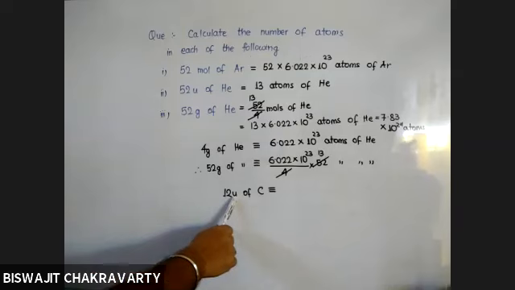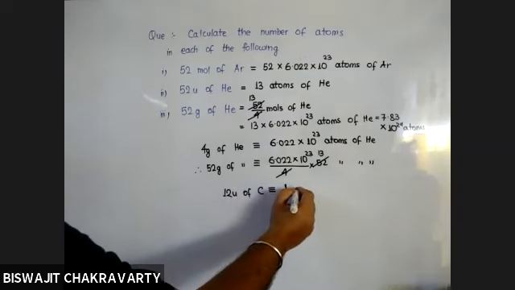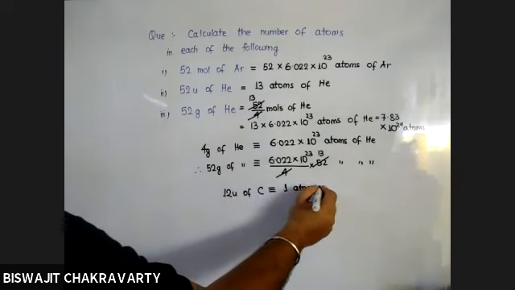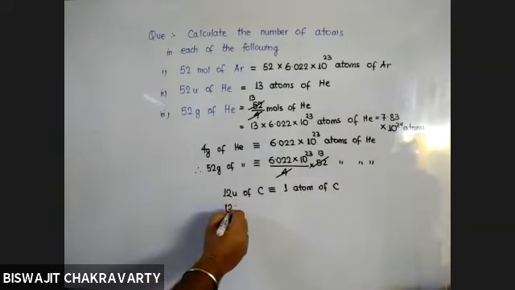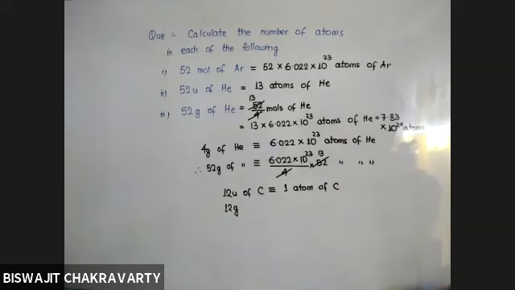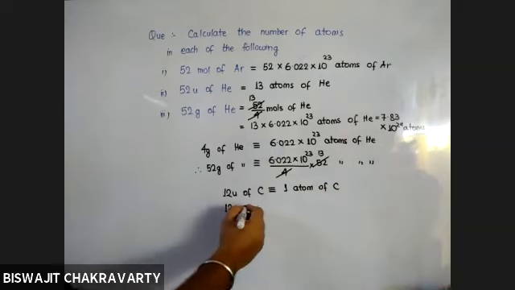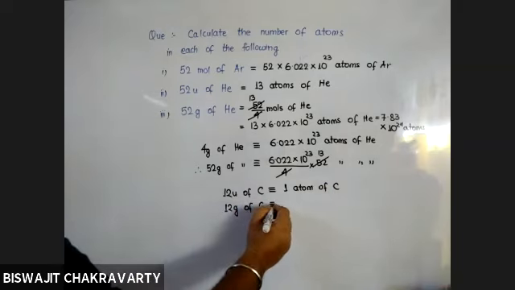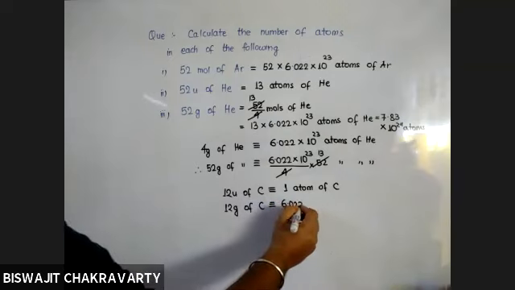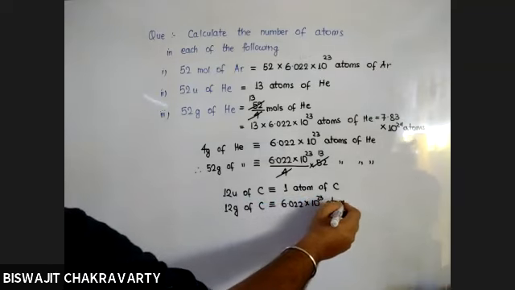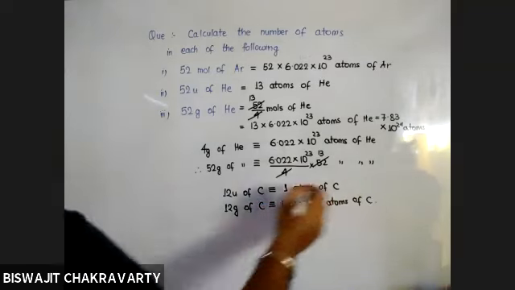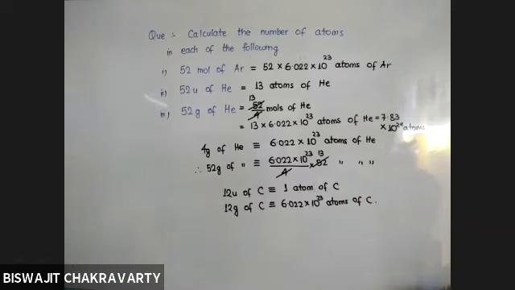Sir, 12U means one atom of carbon. It is the relative atomic mass of carbon. But here if I had written 12 grams, then what will be the answer? Sir, Avogadro's number. That you have to be very much clear. Clear or not? Yes, sir.